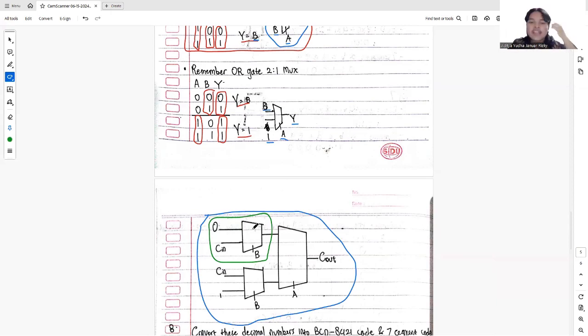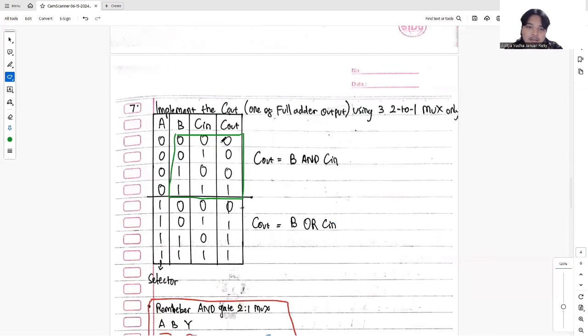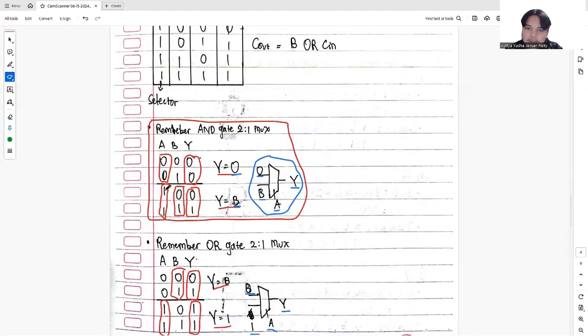Now hear me. This little circuit comes from this little segment, actually. As you can see, it has similarities with this theory, this material.